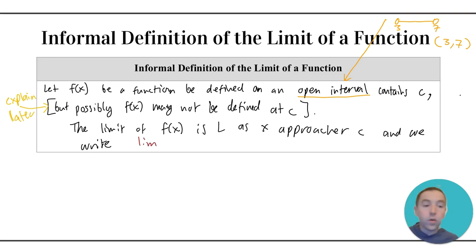So LIM to abbreviate limit, and then we'll put underneath that limit that x is headed towards C, and then what we're doing is we're finding the limit of the function f of x as x goes to C, and then it's going to equal L. And so we'll be able to say this, that the limit of f of x is L as x approaches C, and we'll write it as such, if the following holds.